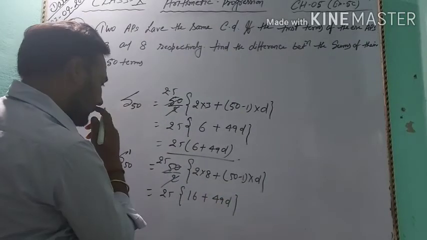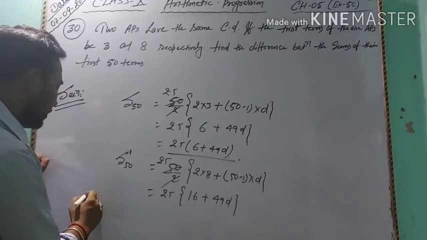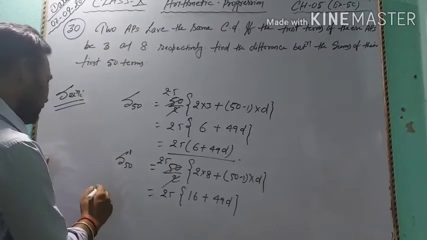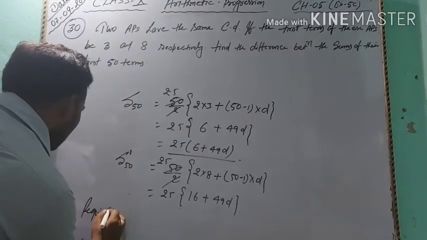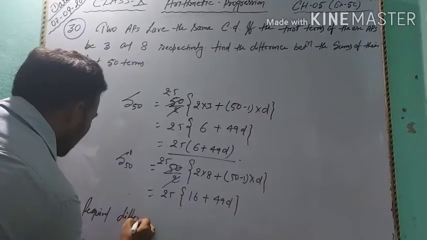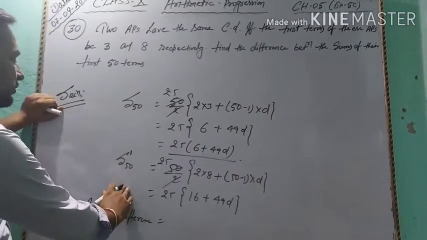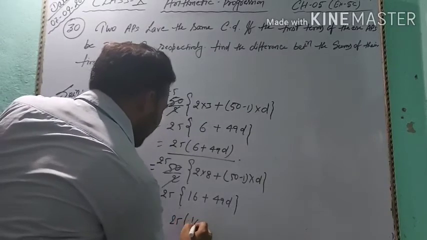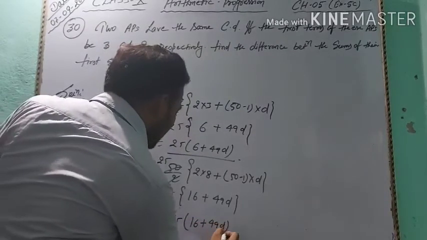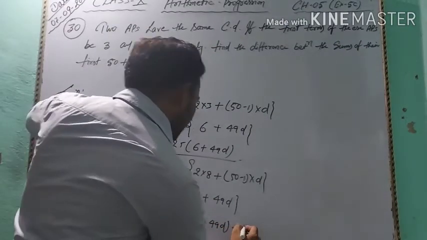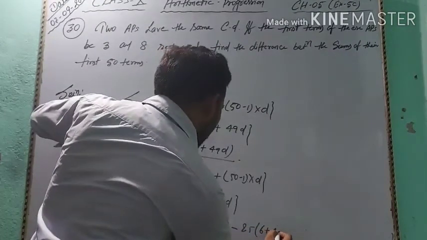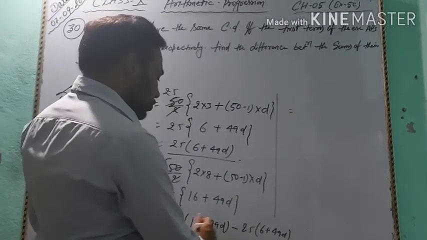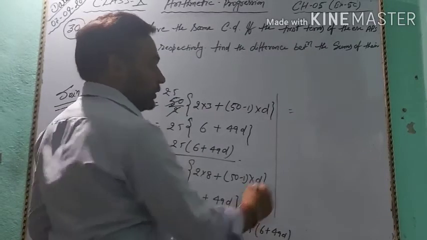Students, we require the difference between the sums of their first 50 terms. Required difference equals 25 into 16 plus 49D minus 25 into 6 plus 49D. 25 is common, since it is present in both terms.